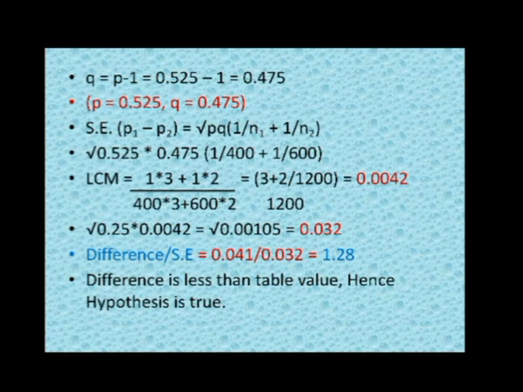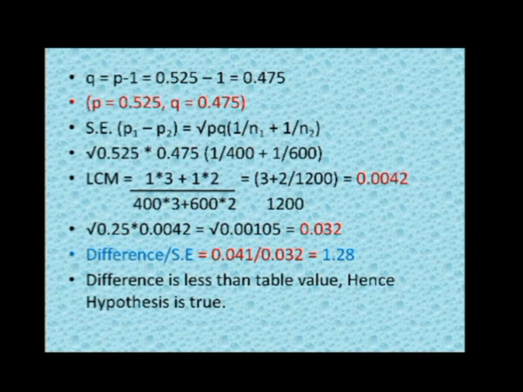The last step is to move to the formula with 1 divided by N1 plus 1 divided by N2. So I apply here: P is 0.525 into Q 0.475, and put a root. What occurs is 1 divided by 400 plus 1 divided by 600.